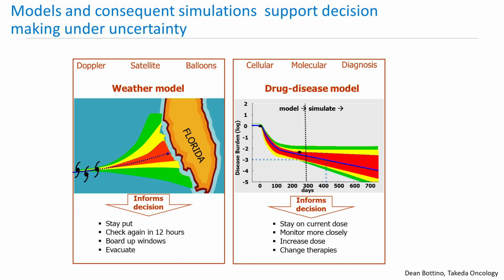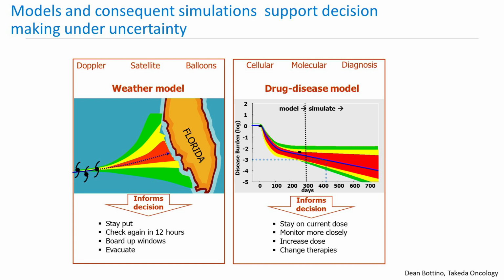Very similarly, you do the same thing with drug and disease models. And this happens to be disease as a function of time, but you can see this in pretty much any kind of PK or PK/PD model, where the two black points represent our observed data. The blue line is the model through it and the most expected trajectory of that model.